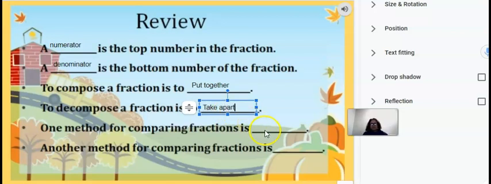Good. All right, tell me one way that we can compare fractions. All right, we can use the multiplication chart we just did. Or what can we do? We can find the common denominator.